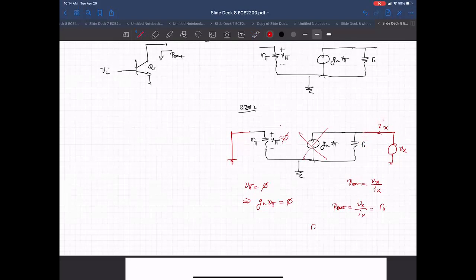So this R0 is just the early effect resistor. Okay, so that's an example of output resistance.